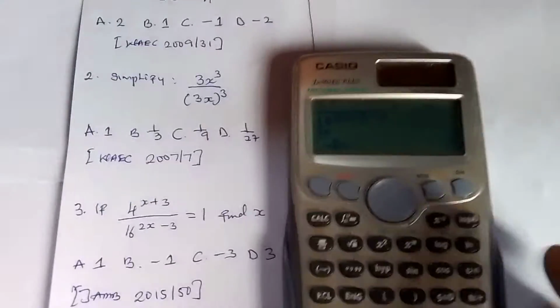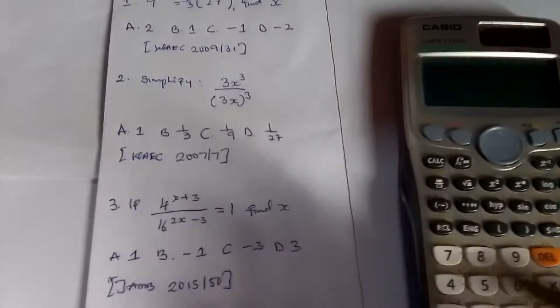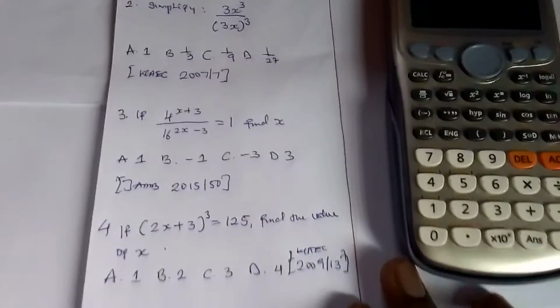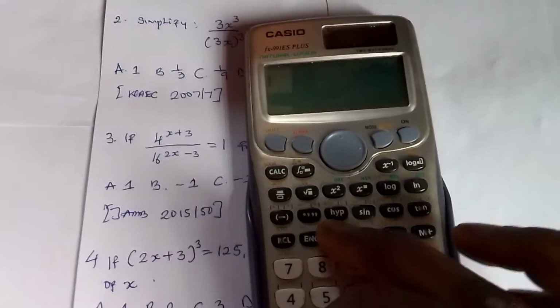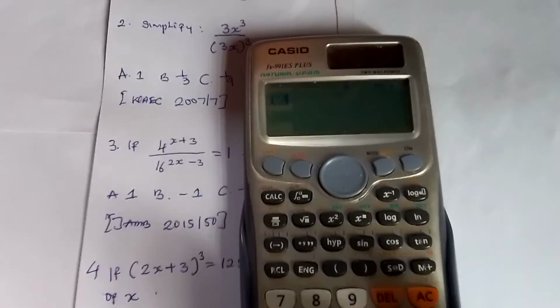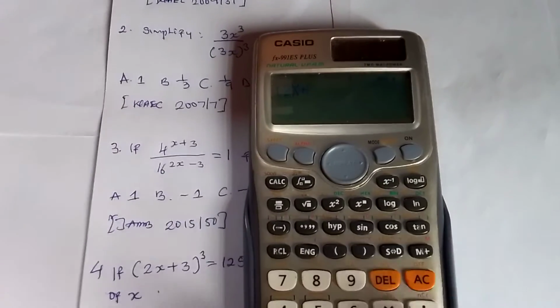The answer is here now. The answer is 3. Look at the options. Option D is the answer. So we go to the last one now. In the last one we open a bracket. We have 2 alpha x, and then plus 3.